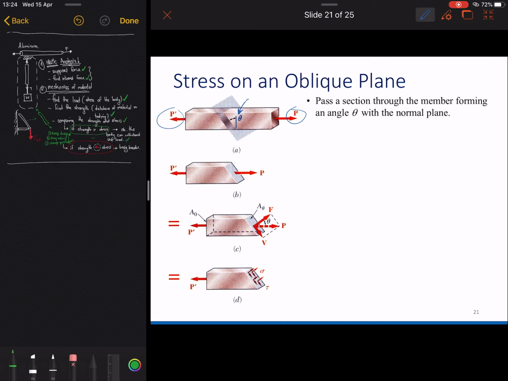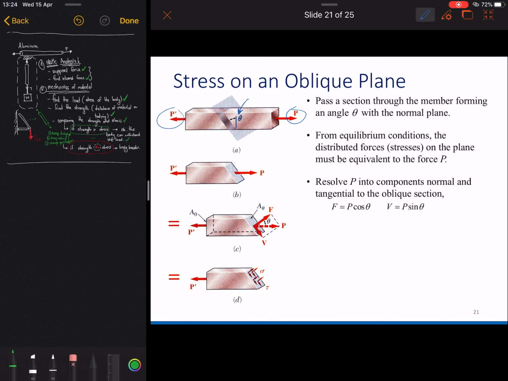If the plane has this angle, then our force is no longer perpendicular to it, and we have to decompose this P onto F and V.